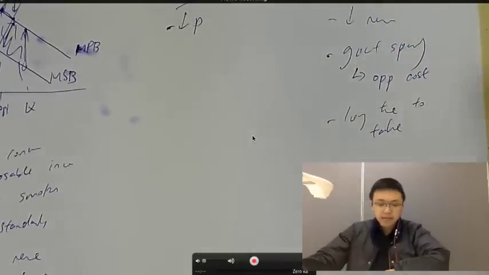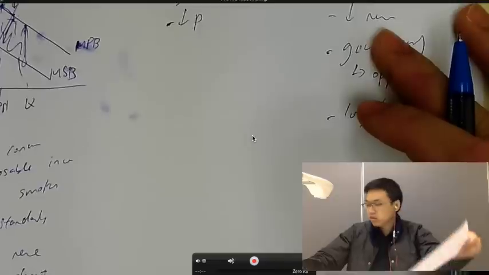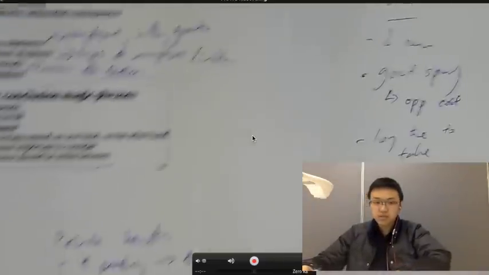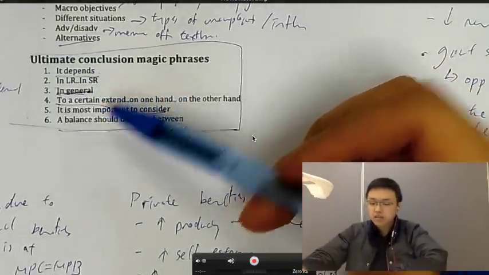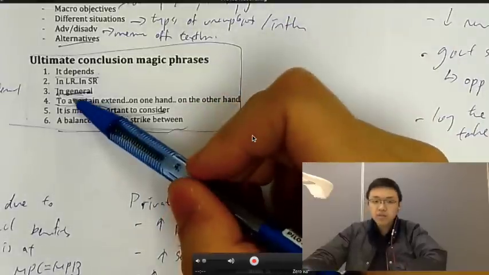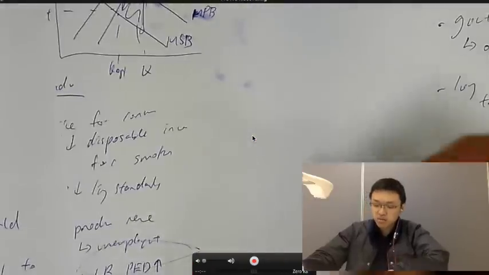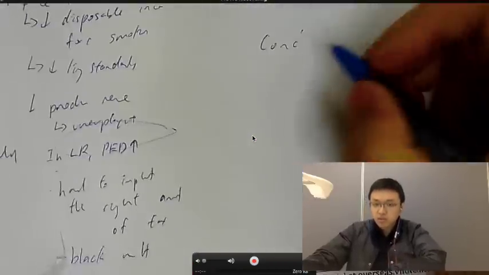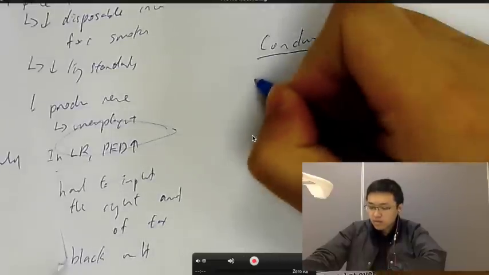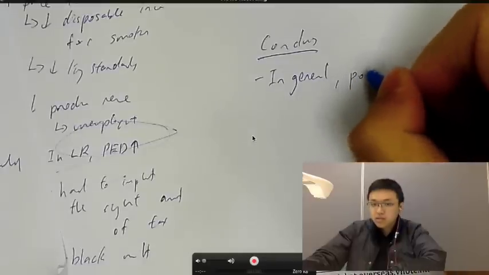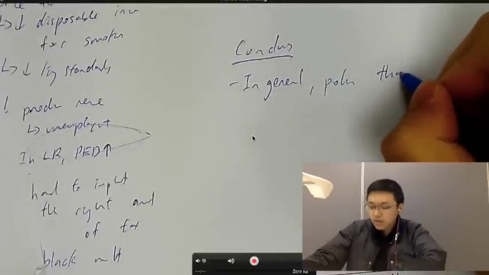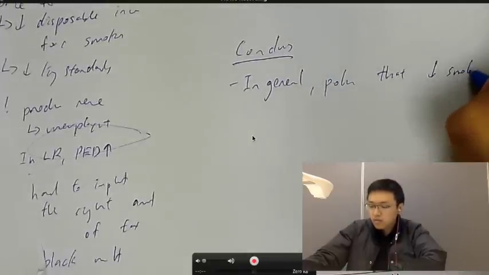Okay. So now let's think about how we can do the conclusion. Okay, let's go back to this. More cases. It depends. So evaluating these policies. One of the phrases I think we can use is "in general". So conclusion. In general, what happens? Policies that reduce smoking, what do they have in common?